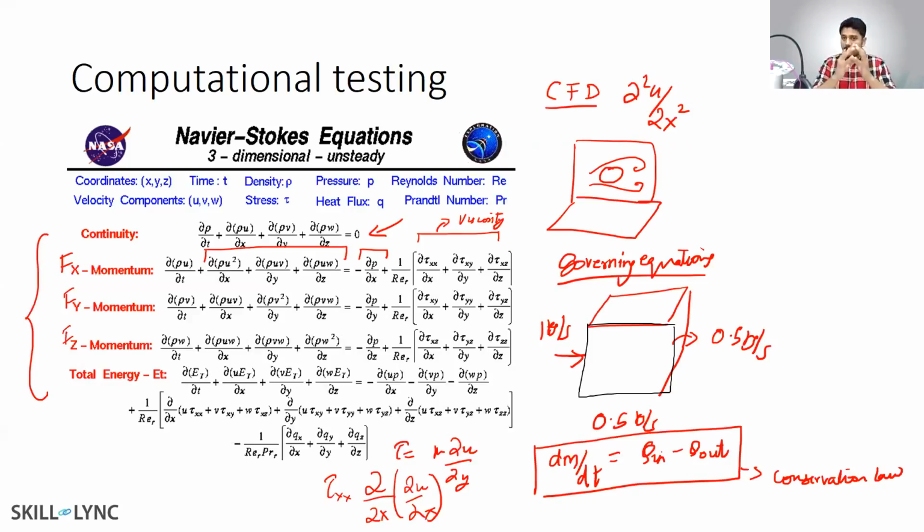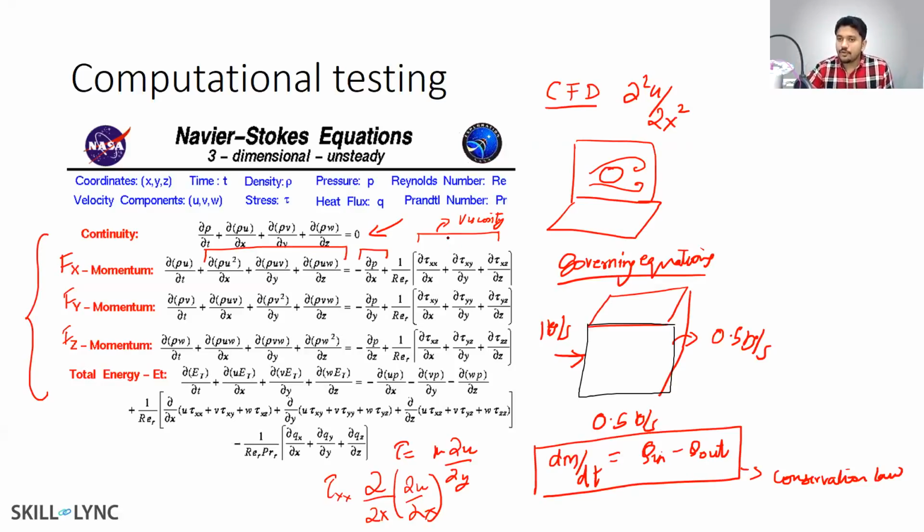Similarly, momentum can also diffuse because of shear stress, meaning a particular layer of fluid can influence the neighboring layer of fluid. These terms are called shear stress terms, viscosity terms, or diffusion terms. Each and every term carries important physics, and solving these terms gives your engineering results.